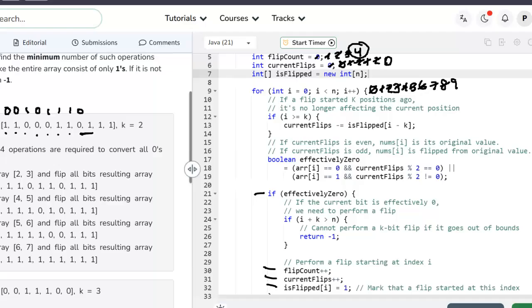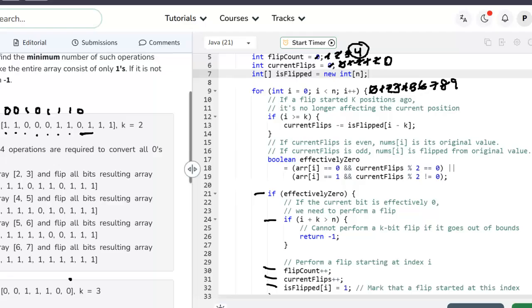I think I wanted to say one more thing about this because we didn't use it. If the current bit is effectively 0, we need to perform a flip. Yes, we can't perform a k-bit flip if it goes out of bounds. What does that mean? Well, if you worked through this second example, you would get to this last 0 here, and you would want to flip it.